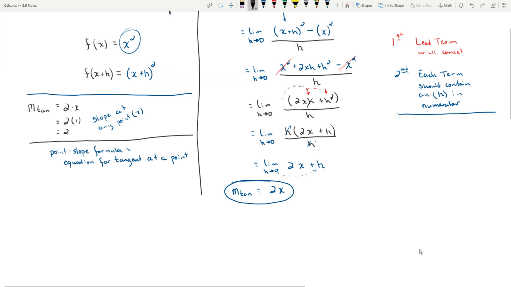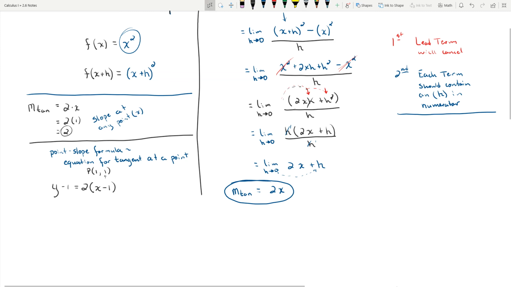So the point (1, 1) is what we were looking for. So we have a point that was given. And we will just simply use our point slope formula. So it'd be y minus the y. So y minus 1 is equal to, we found that our slope in this case is 2, times x minus 1.